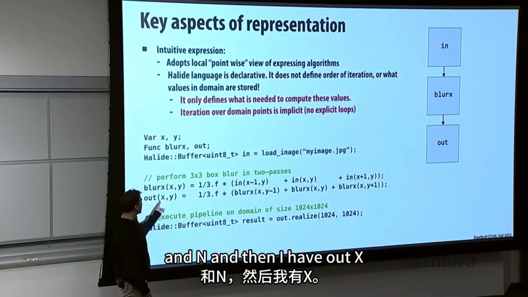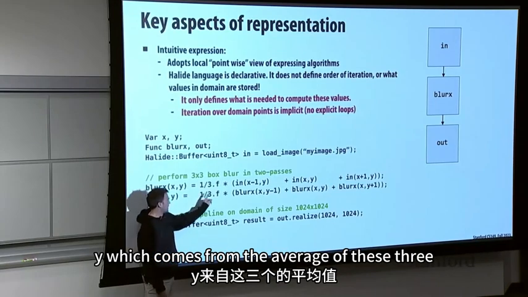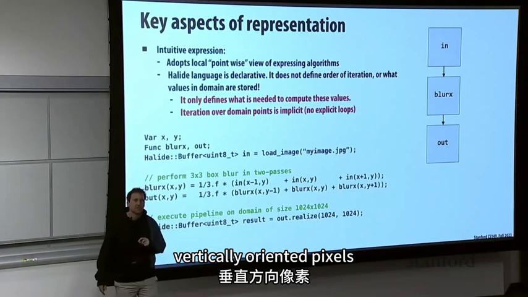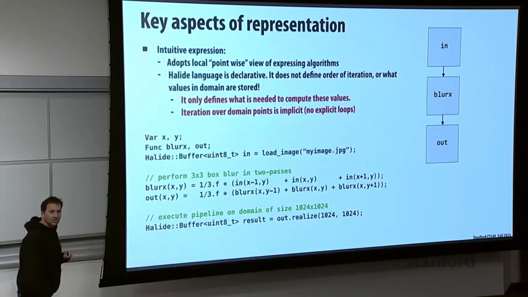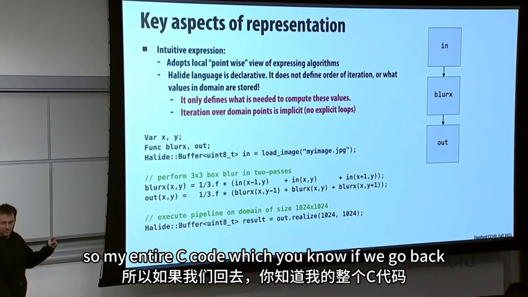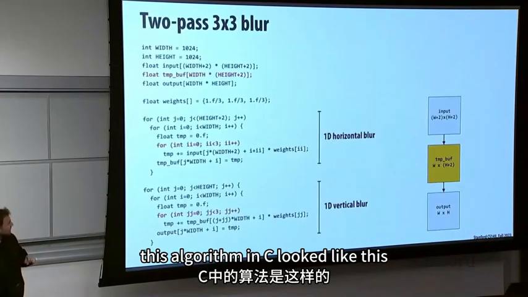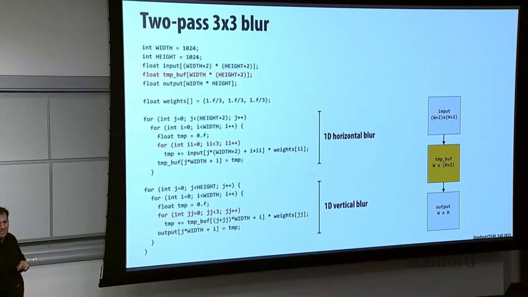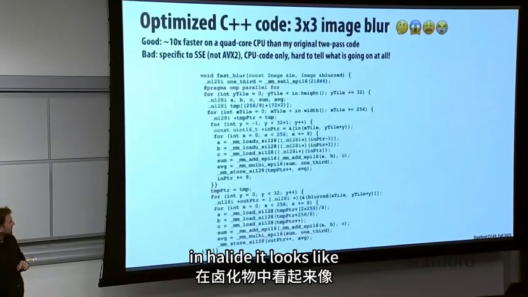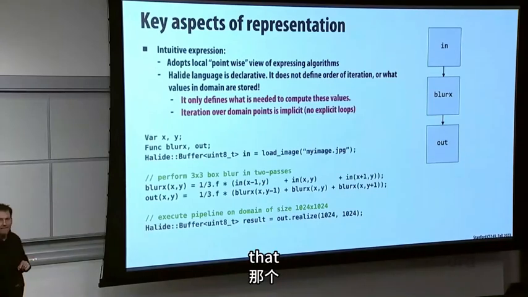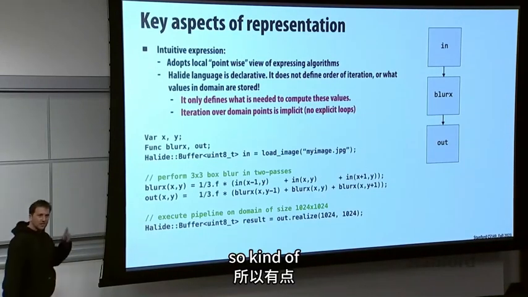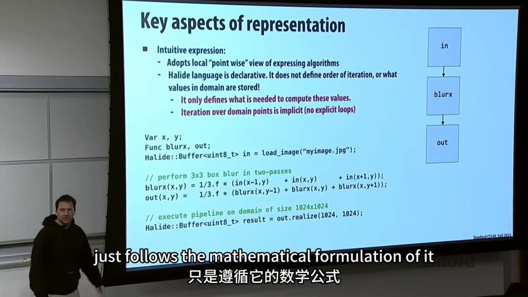And then I have out xy, which comes from the average of these 3 vertically oriented pixels in blur x. So my entire C code, which, if we go back, this algorithm in C looked like this. In Halide, it looks like that. So it just follows the mathematical formulation of it.